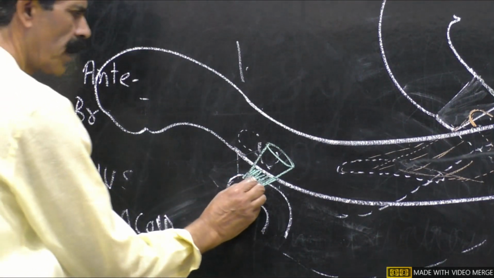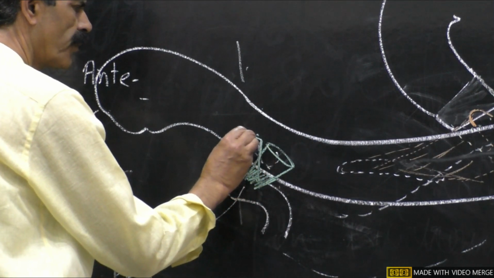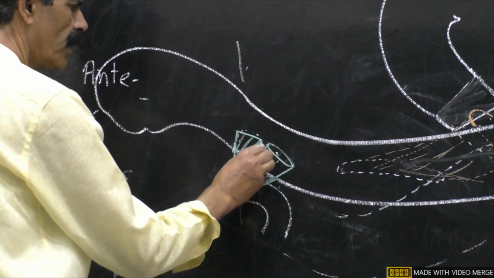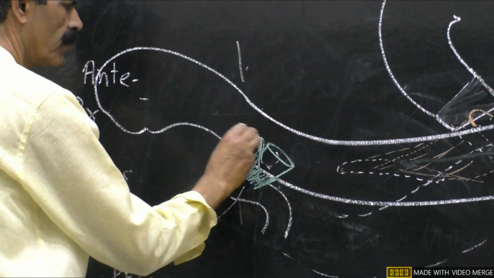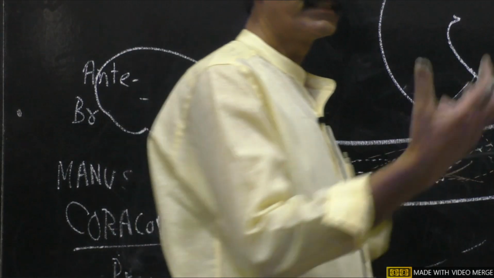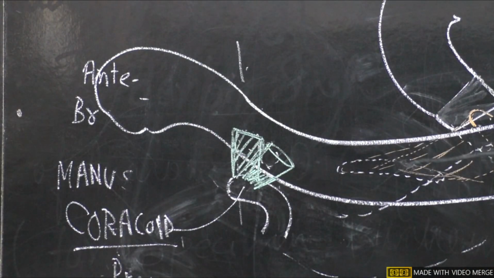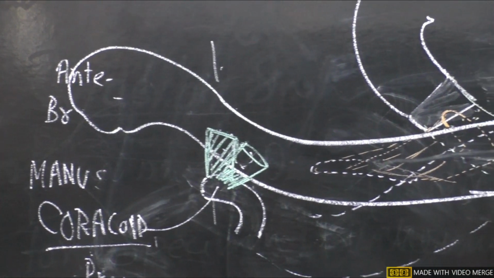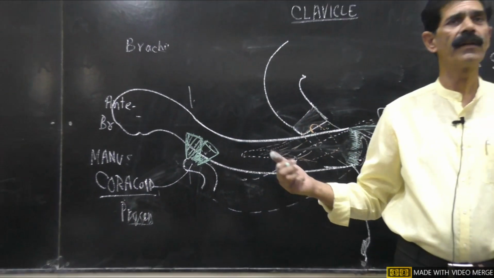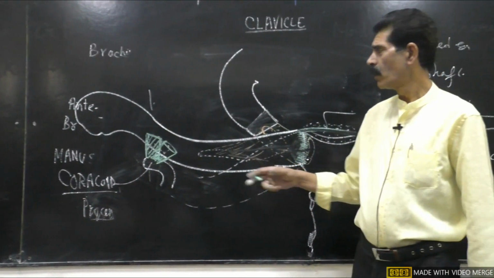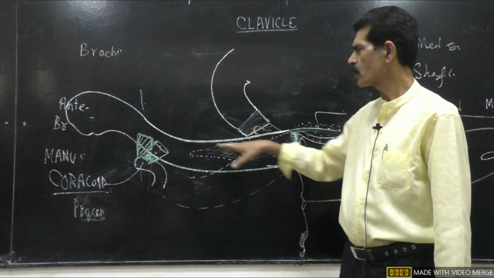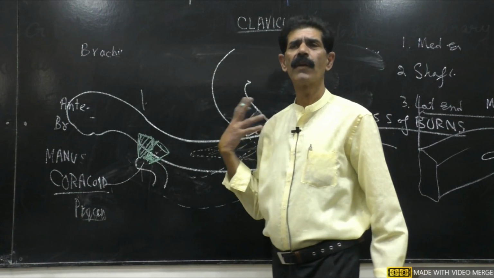And another ligament is trapezoid type, so it is called the trapezoid ligament. So again, they give the fixity to the clavicle. So clavicle is also attached to the scapula anteriorly with the coracoid process. So this is fixed, this is fixed, this is fixed. So this will give the fixity to the clavicle.